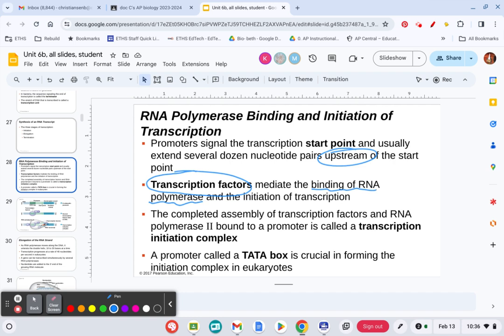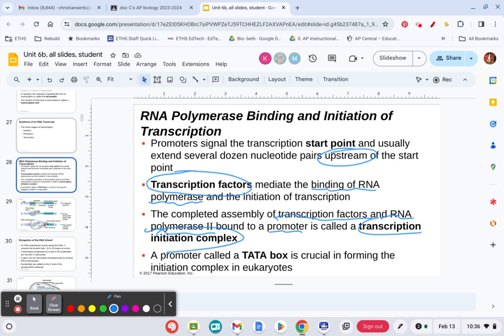The whole complex where you've got the transcription factors and the RNA polymerase bound to the promoter, all together, is called the transcription initiation complex. Now, this is where I always get the most laughing in this unit, I think.